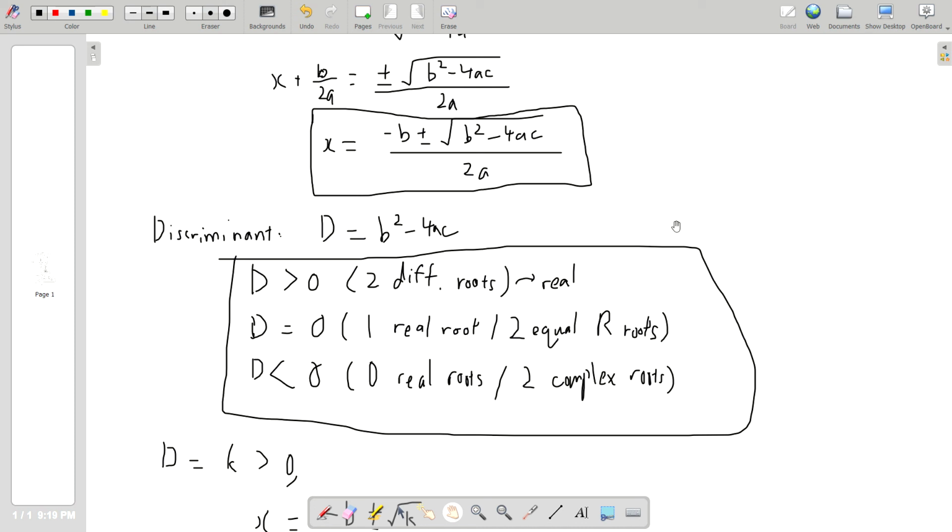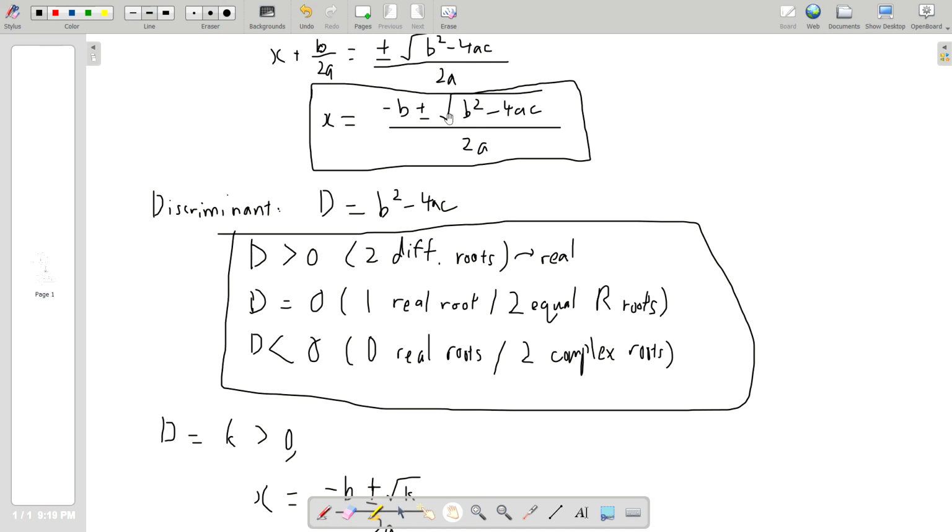If you do introduce i's, then you're going to end up with two different answers, right? Because if this k underneath here is less than 0, it's not 0, so we're going to end up with a plus whatever imaginary complex number we get in here, or a minus whatever imaginary or complex number we get in here. So it's still going to be two roots, but they're not going to be real. They're going to be complex.